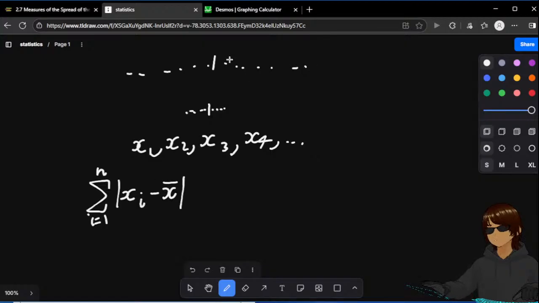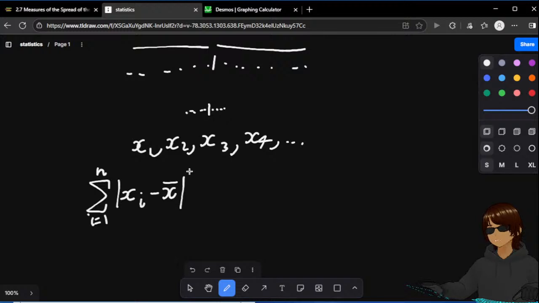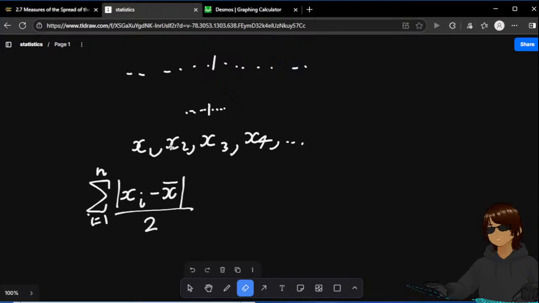Then the sum of all the distances over here will be doubled, and then we can divide it by 2. So they won't cancel out now. Or it's easier to do math with squares than it is with modulus.